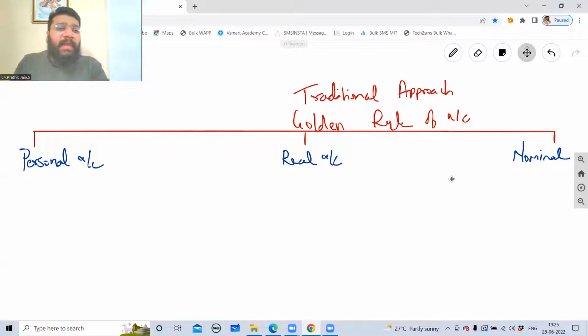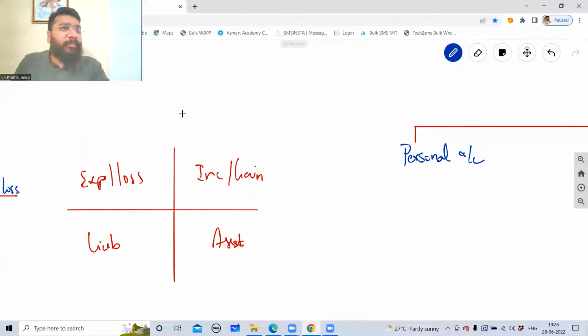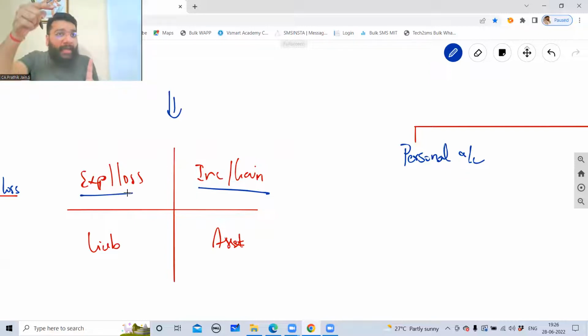Now, these three are again based on these four quadrants. So I'll go with nominal first. Nominal account says that if any account or any transaction carries the flavor of income, gain, expense and loss, you come to me. There are a lot of people standing in the queue, right?